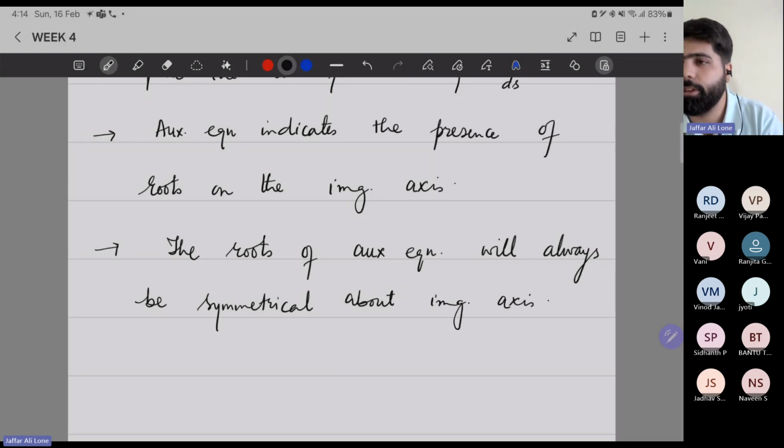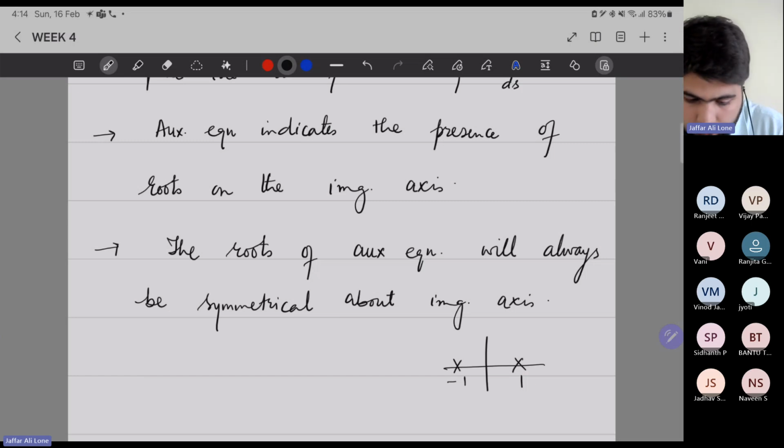For example, if you have a second order auxiliary equation and you get one sign change below the auxiliary equation, it means there is one right half pole. But due to this point, the roots of the auxiliary equation will always be symmetrical about the imaginary axis. For example, you got one pole at 1, then by this point, the other pole has to be at -1. So they're symmetrical about this imaginary axis, right?